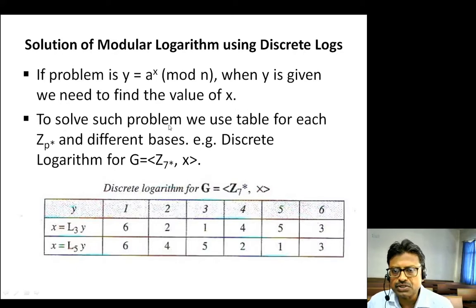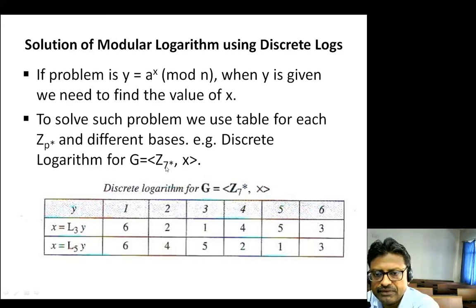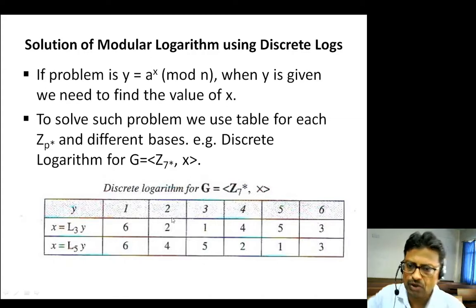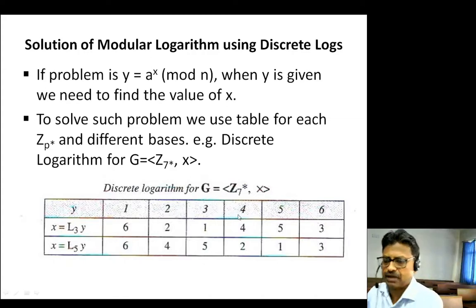To solve this kind of problem, we use a table, and that table is known as the Zp star table, with different bases for the logarithm. Now let us take an example of Z7 star. We have seen that in Z7 star we have two primitive roots, one is 3 and another is 5. These 3 and 5 are considered as the bases, and then we find the discrete logarithm table for Z7 star.